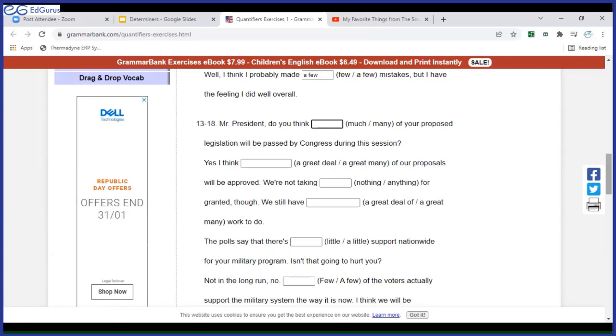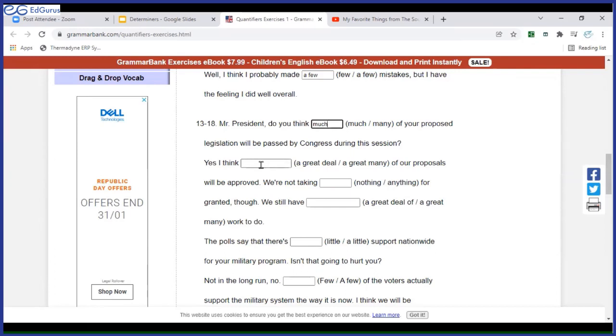See that many it could be if there had been more than one legislations. If it was legislations, many of your proposed legislations, right? So I guess it should be much. Anyway, we'll test it.